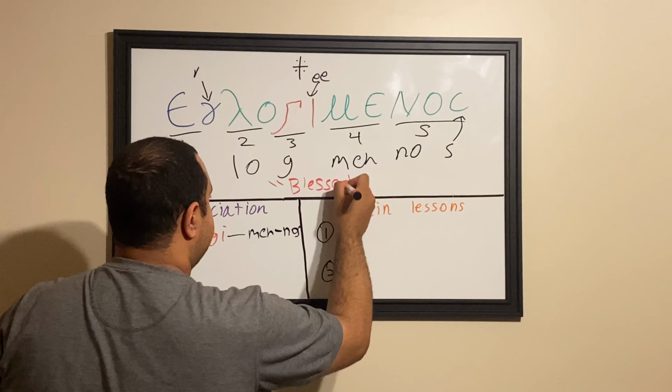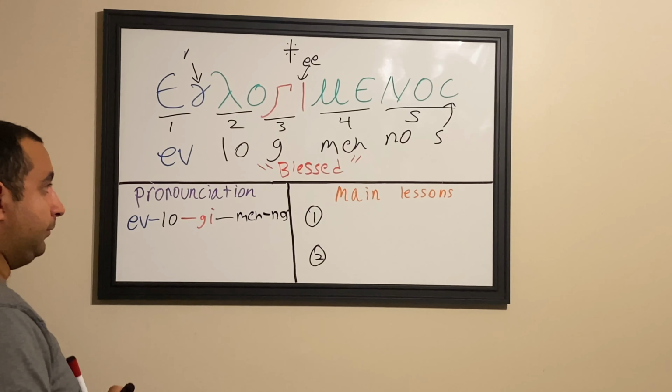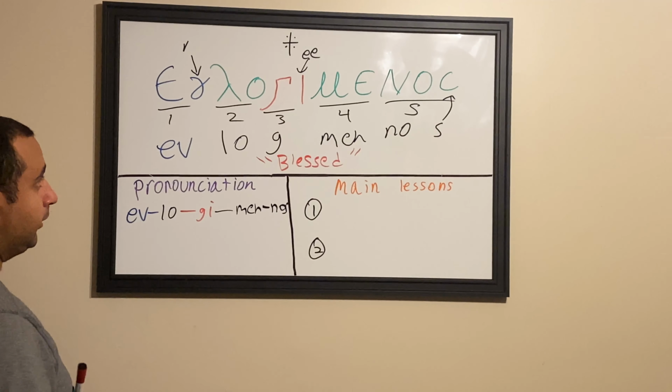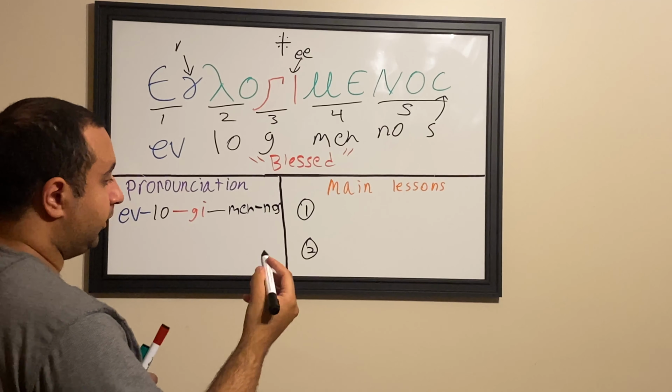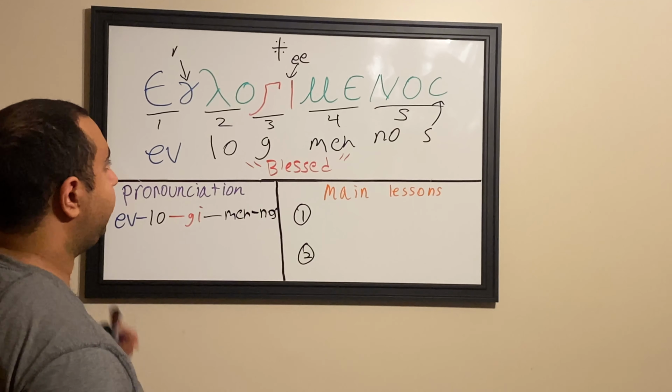blessed. Okay, so let's summarize what we went over today. 2 really main lessons. Aside from last time, we also got accustomed to 3 new letters.